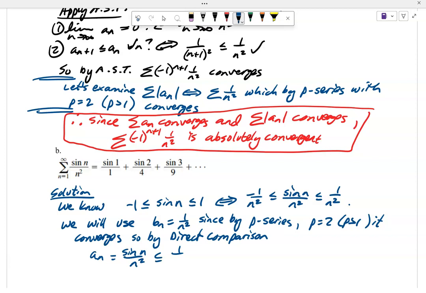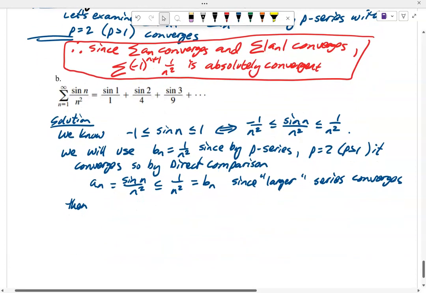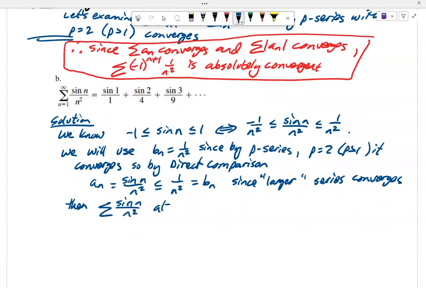That's less than or equal to 1 over n squared. That's our b_n. Since the larger series converges, then sine n over n squared must also converge. All right, so we know this thing converges.